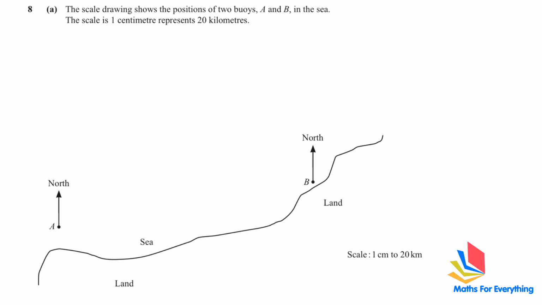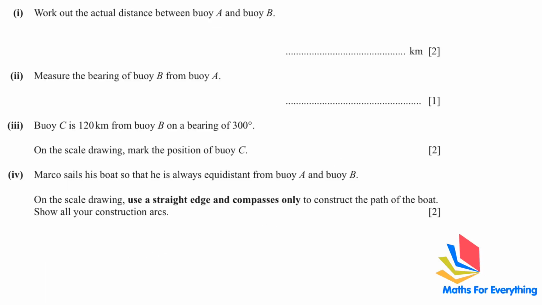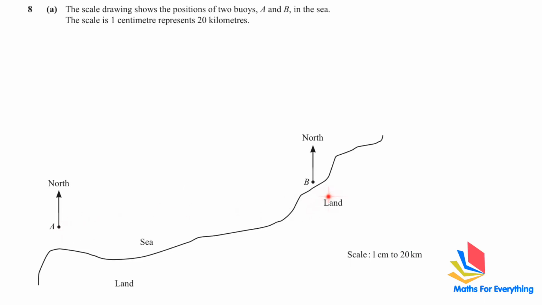Question number 8. The scale drawing shows the position of two boys A and B in the sea. The scale is 1 centimeter represents 20 kilometers. The first question, work out the actual distance between A and B. So we'll draw a line from A to B and measure it. When you measure, you will get 11 centimeters.